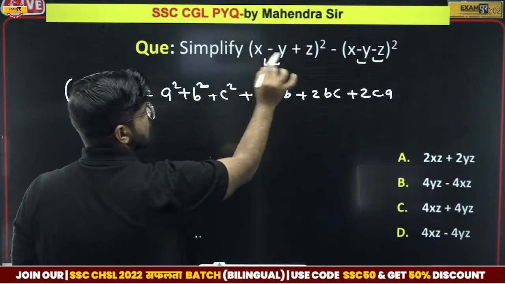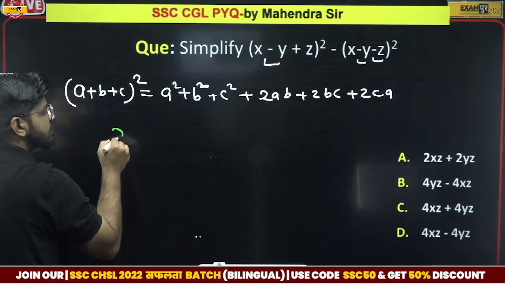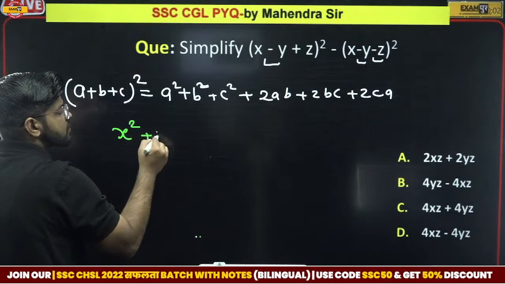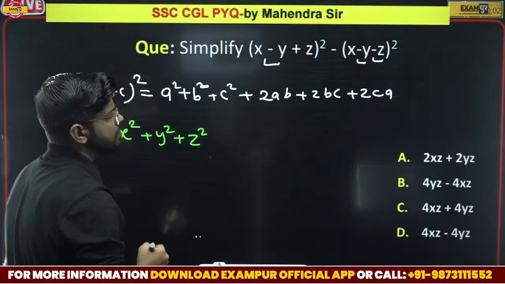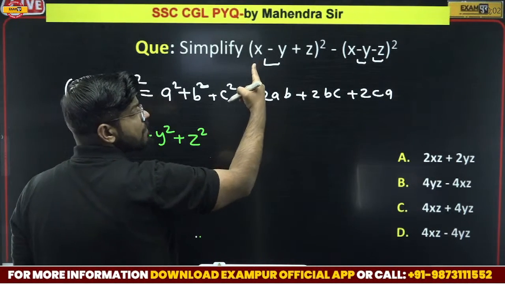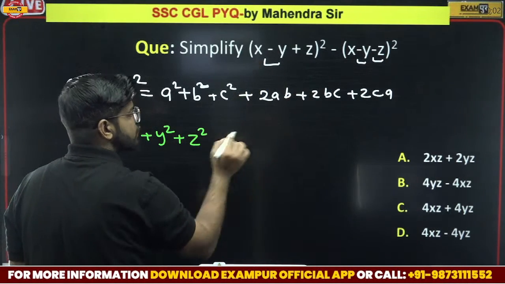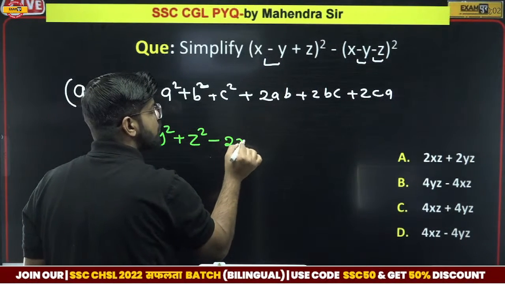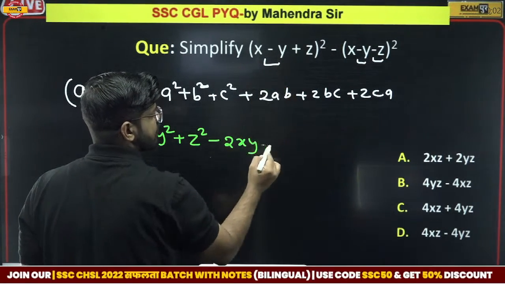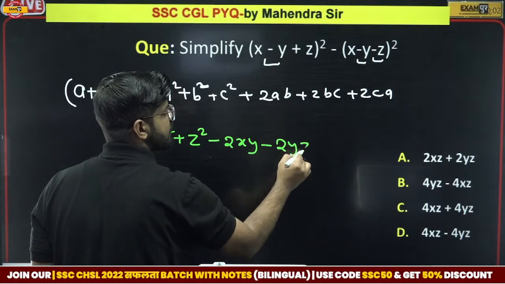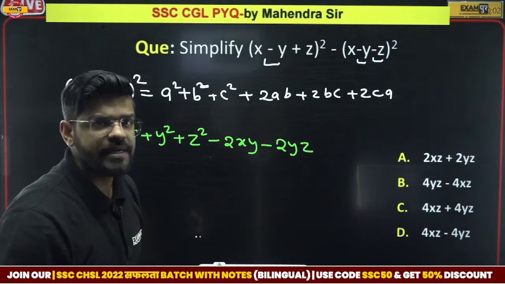First of all, simplify this. This will give you x square plus y square plus z square, then plus 2x into minus y, that means minus 2xy, then minus 2yz.